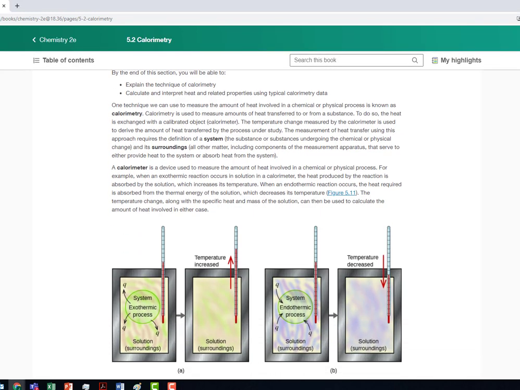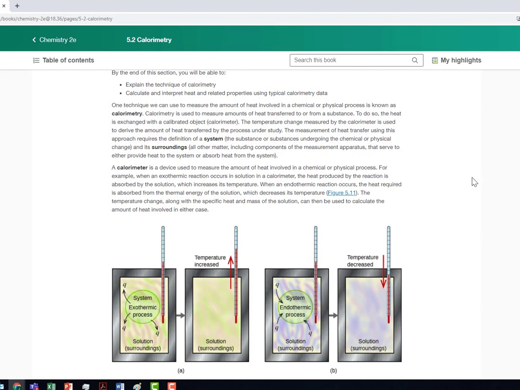we define a system as some substance that's undergoing a change, could be a chemical or physical change, and surroundings, and that would be everything else that's around that. And the surroundings is what we use as the way of calibrating that process. So the surroundings could be providing heat to the substance, or they could be absorbing heat from the substance.